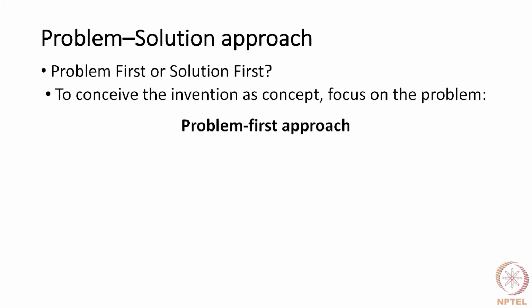So we focus on the problem first approach. The problem first approach helps you to focus on the problem that the invention solved and not on the embodiment, because the embodiment is what would have been described in the IDF or would have been shown to a patent attorney.